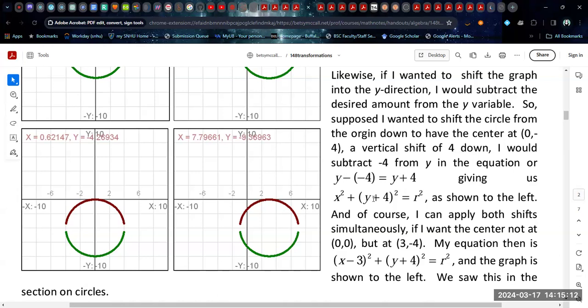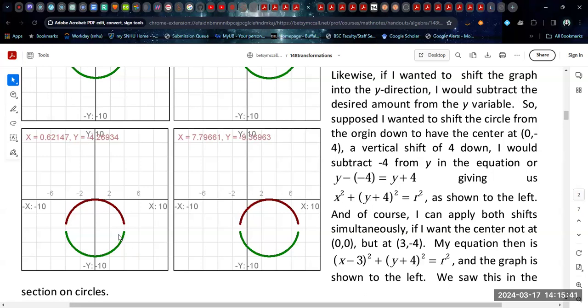And so if I replace my y in the equation with y plus 4, that's going to have the effect of shifting the equation downward by 4. So again, essentially what we're saying is, I want negative 4 to behave like my 0 did before. So now instead of putting 0 into my equation and getting 0 out of this term, I'll put negative 4 into the equation and I'll get 0 out of this term.